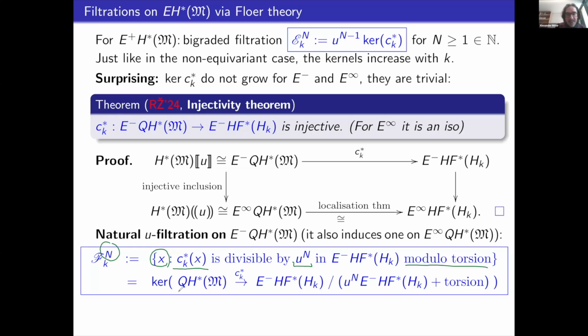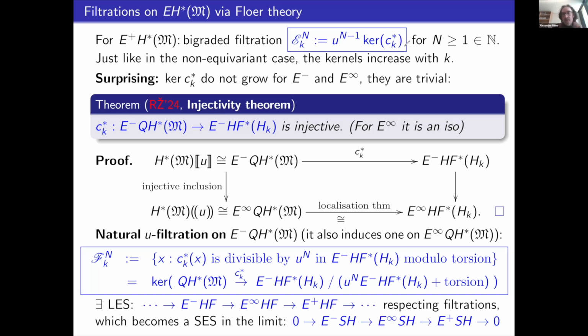Okay, and below I've written this in an equivalent way. We're still looking at the continuation map, but we're killing off anything of order U to the n or higher, and we're killing off the U torsion. The first time you see this it might look a little ad hoc, but this is the natural filtration you would come up with if you thought about KU modules and filtrations on KU modules. It's also the natural choice considering that for these equivariant cohomologies there's a natural long exact sequence from the minus theory to the infinity theory to the plus theory.